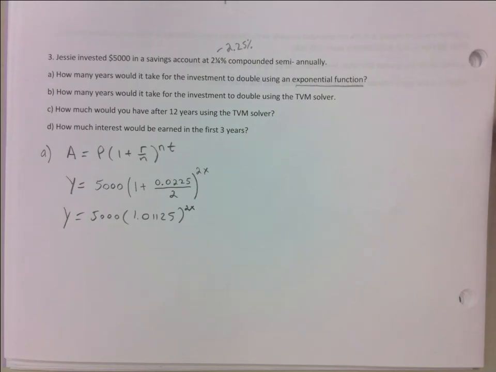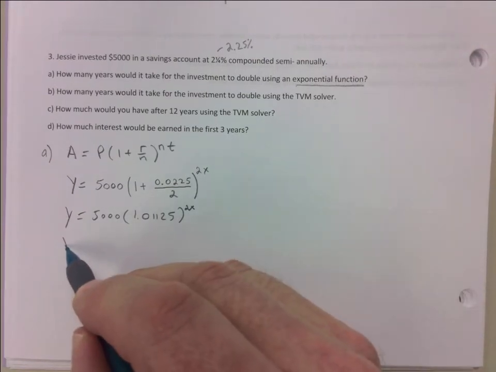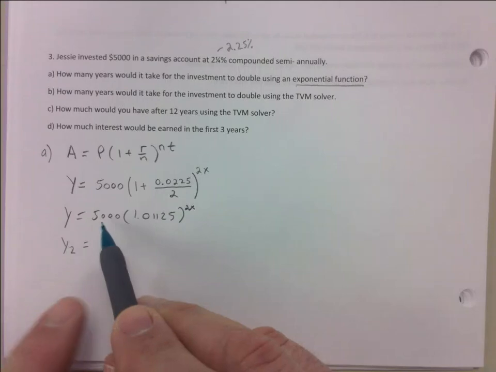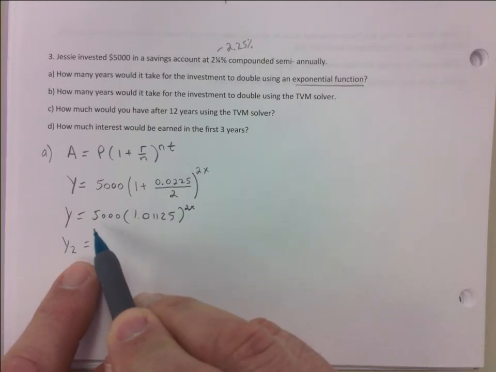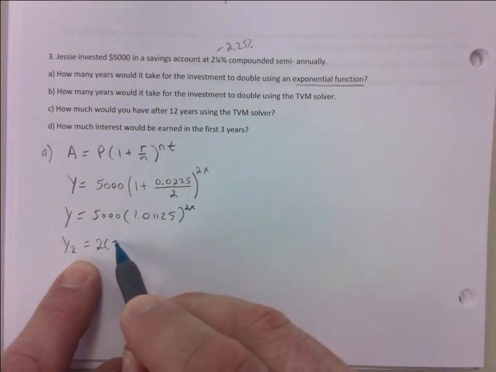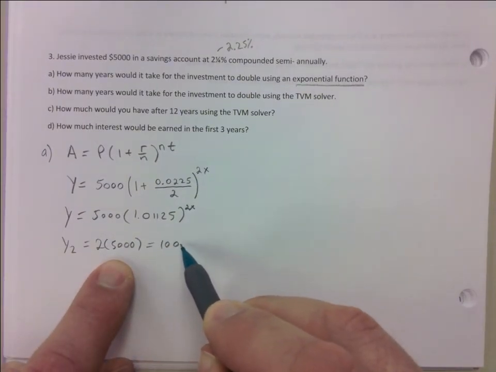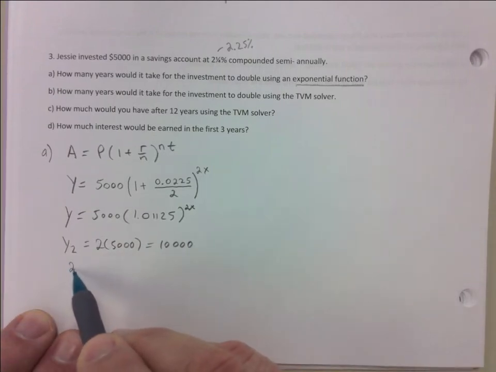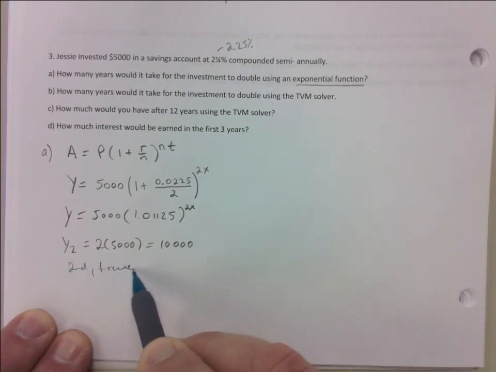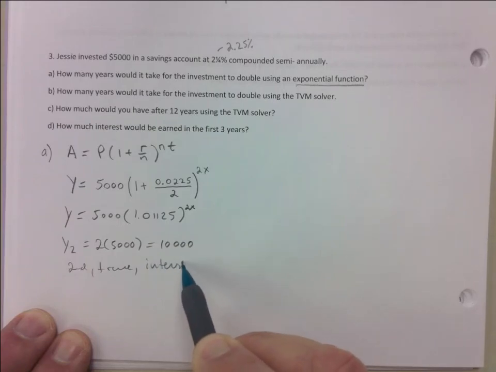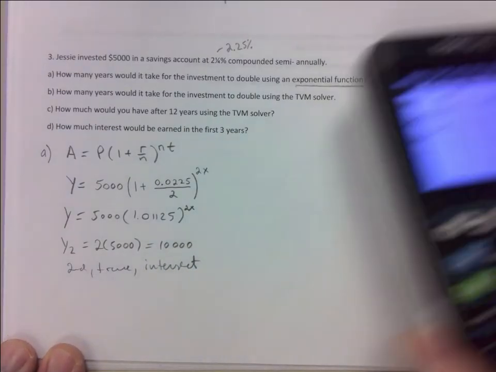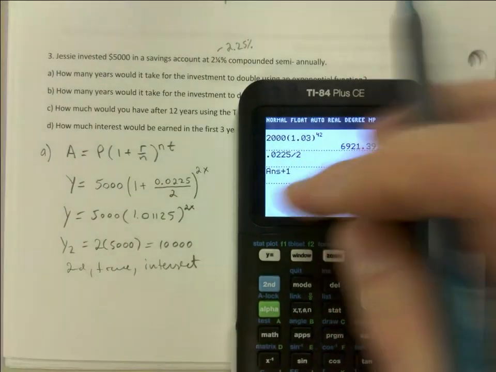How do we find doubling time if you have an exponential function? You let y2 be twice of what you started with. Okay, so 2 times 5,000, which is 10,000. And then we're going to go second, trace, intersect. I think it's good to not forget about our good old exponential function.